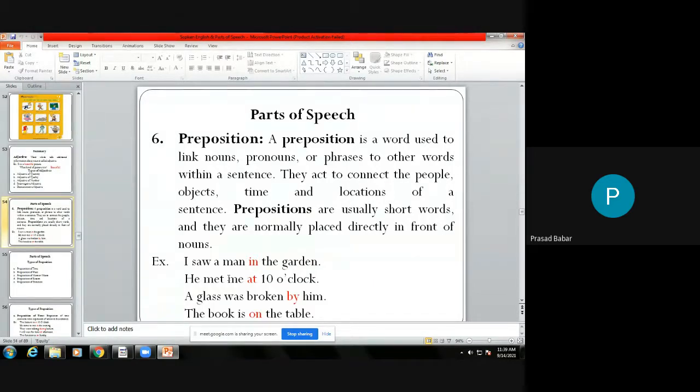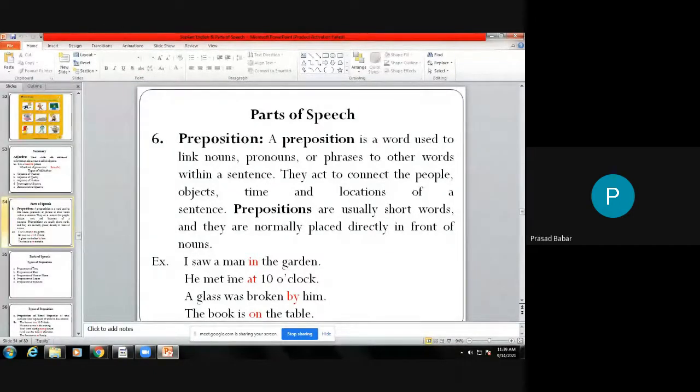The sixth part of speech is the preposition, okay. So what is the preposition? Let's see its definition first, and we will discuss its types also, okay. A preposition is a word used to link nouns, pronouns, or phrases to other words within a sentence.